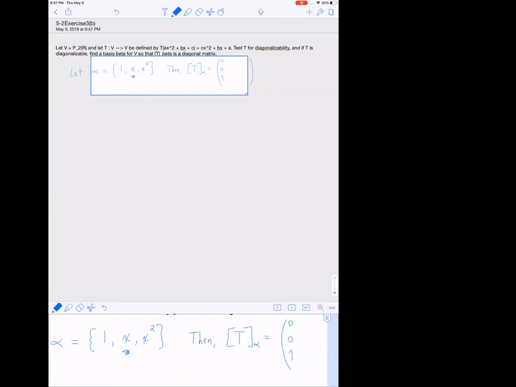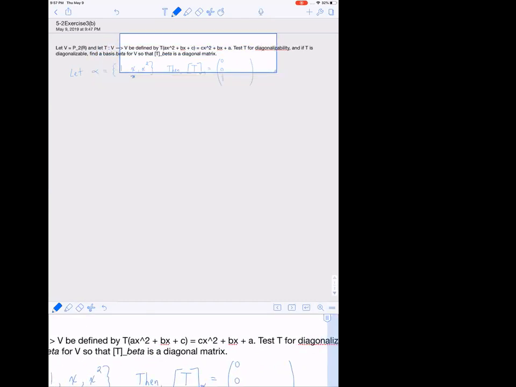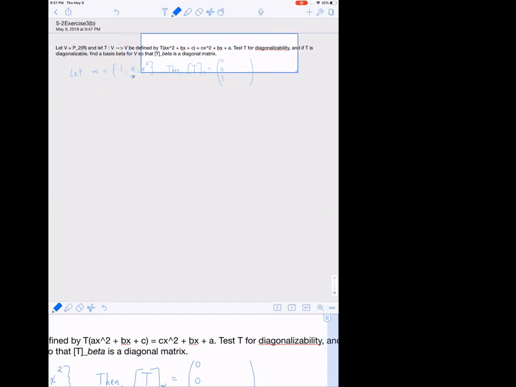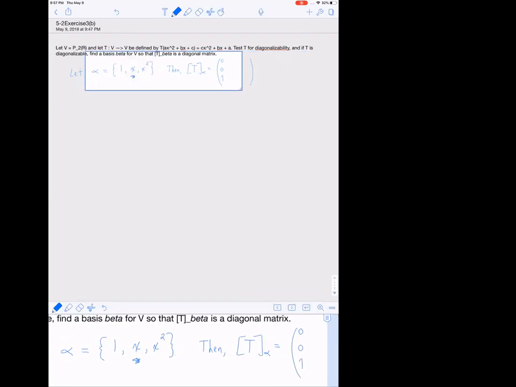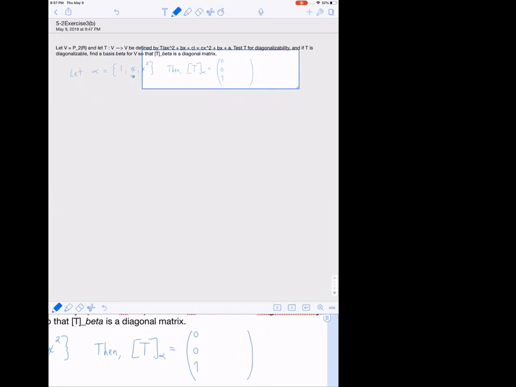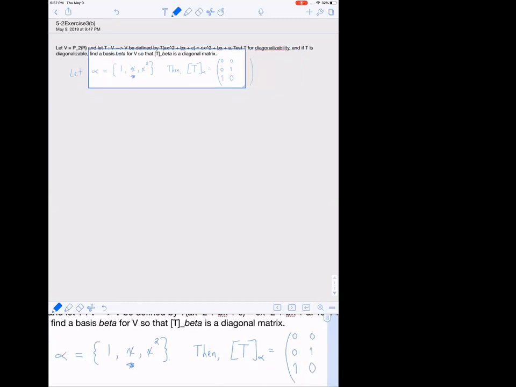Next, we would turn to the second vector in this basis. The vector is x. So when we apply T to x, that's really the polynomial 0x squared plus 1x plus 0. So the output will be just 1x, which means that the polynomial written as a linear combination of these guys would be 0 times the first vector, 1 times the second vector, 0 times the last vector.